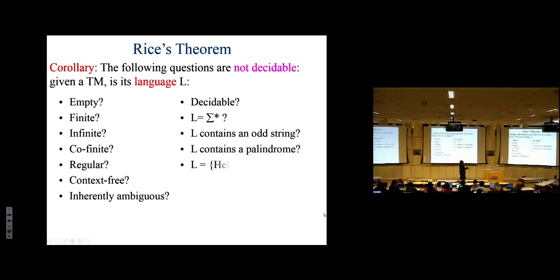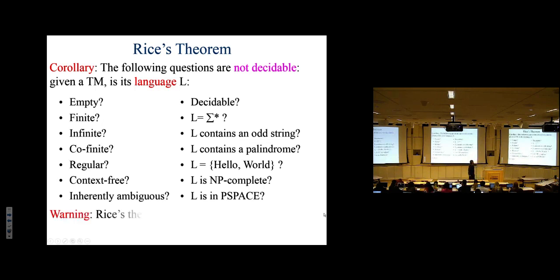If the language is sigma star, if it contains an odd length string, if it contains any palindromes, if it's a language that's exactly the two words hello and world, undecidable. If the language is anything more complicated than the trivial two properties, that every language has that property or no language has that property, in which case the algorithm is either yes or no very easily, any other properties are undecidable.